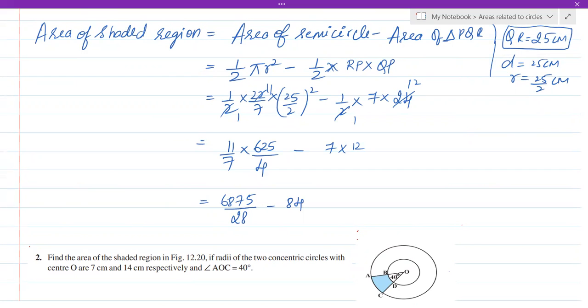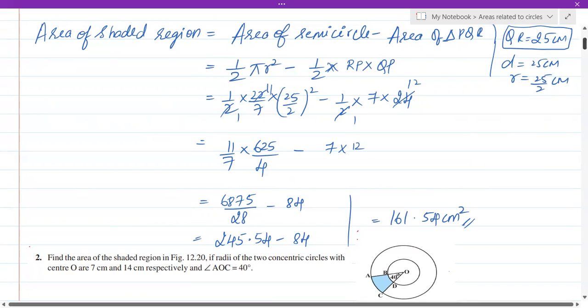That will become 245.554 minus 84. So the final answer, we get it as 161.54 centimeter square. Okay, so that will be the required area.